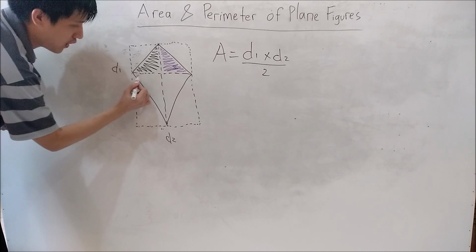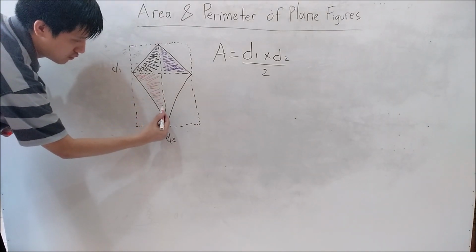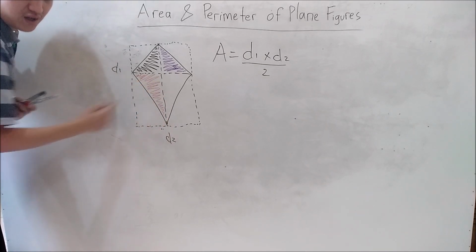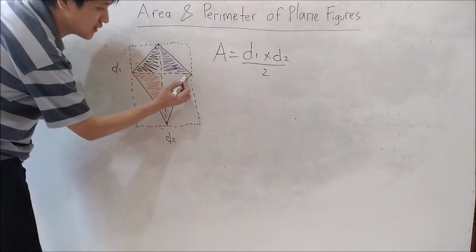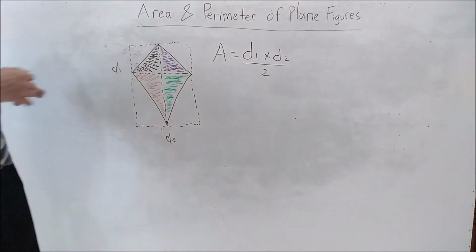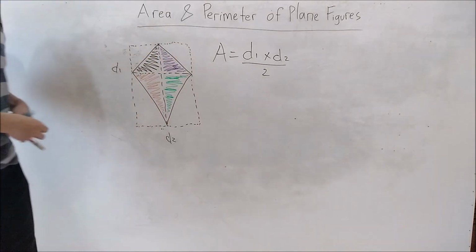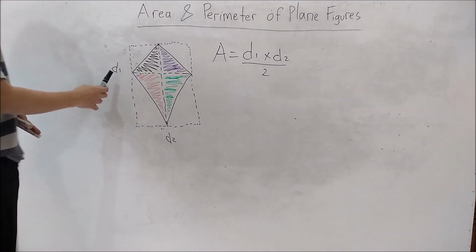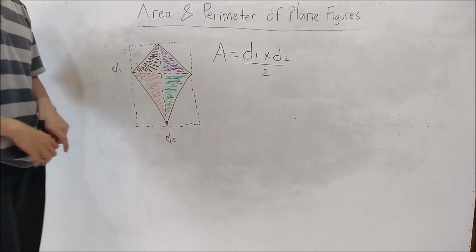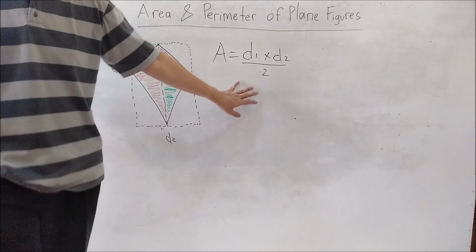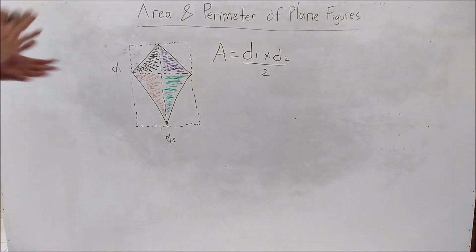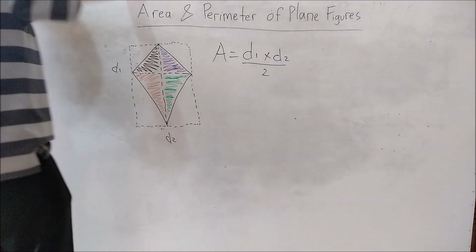This part of the kite is actually half of this rectangle here, and the last part of the kite is the same, only half. So basically, this kite is half of the full rectangle. If I want to find the rectangle, I will do diagonal 1 times diagonal 2. When I want the kite only, I will divide by 2. That's how I get diagonal 1 times diagonal 2 divided by 2 for a kite. I hope you understand this.